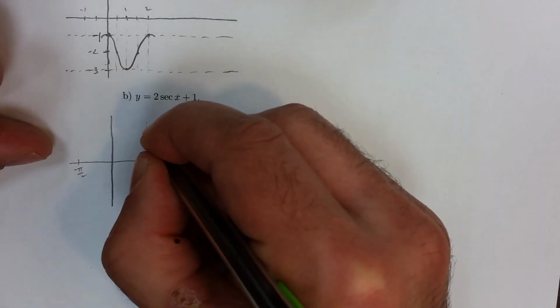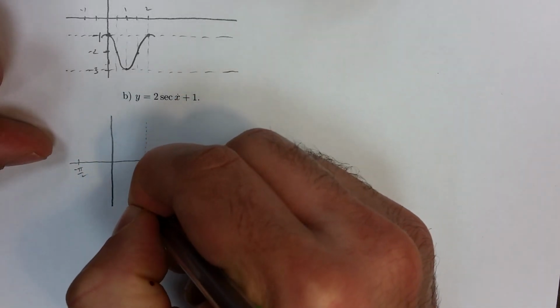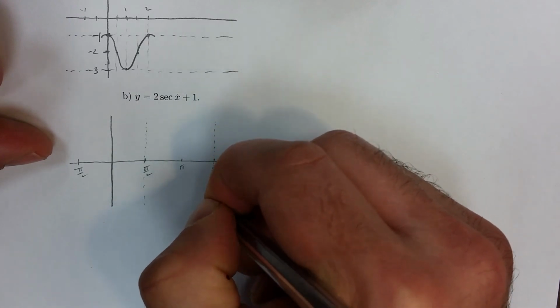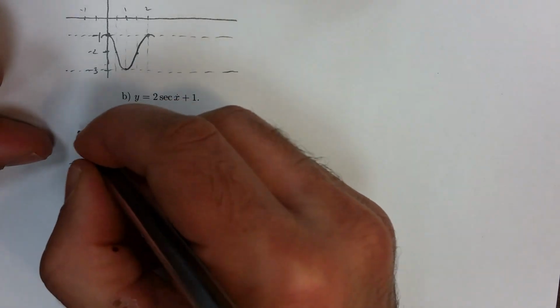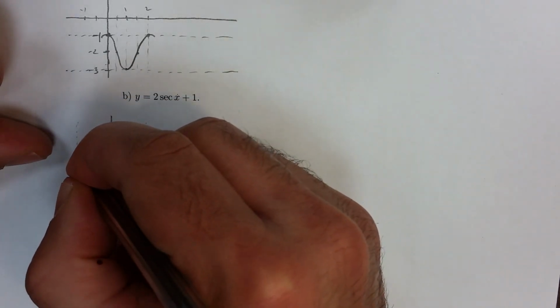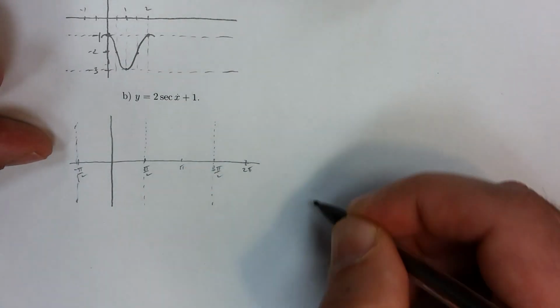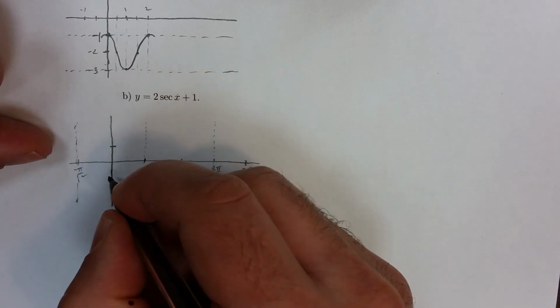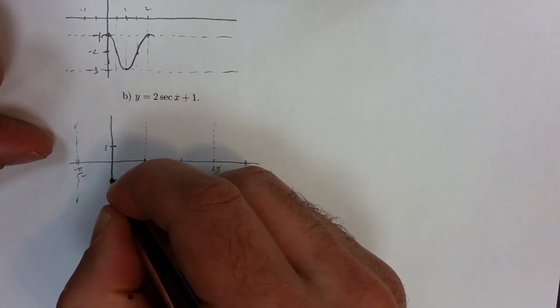So at these values we have a vertical asymptote. So at pi over 2, at 3 pi over 2, at minus pi over 2, we have a vertical asymptote at each one of those points. And we know that we have these sort of right side up and upside down U shapes. Here's height 1, here's height minus 1. Let's dot those in.